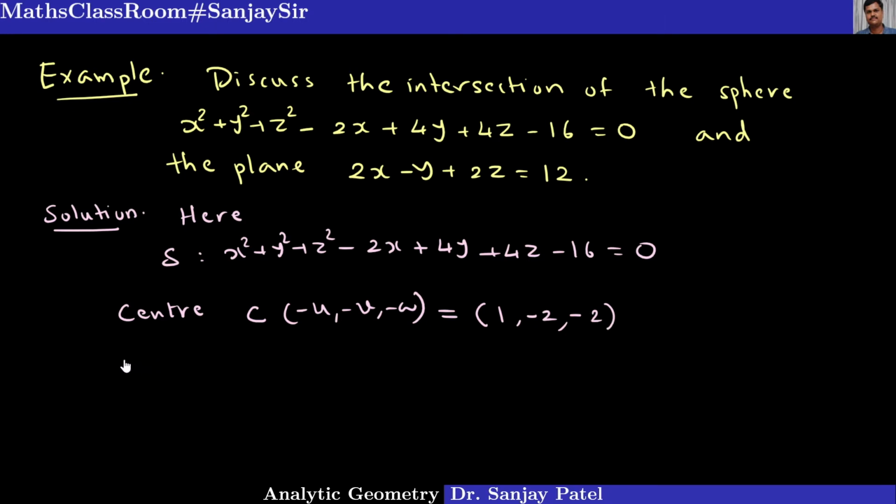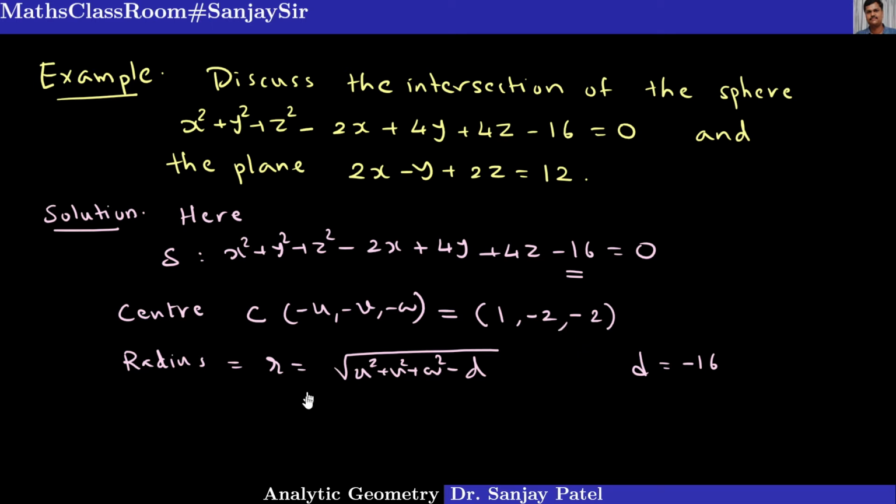And the radius of the sphere, that is r, you know the formula for the general equation is square root of u square plus v square plus w square minus d. Here d is minus 16. And u is equal to minus 1, v is equal to plus 2 and w is equal to plus 2. But since there is square, there is no problem whether you write plus or minus.